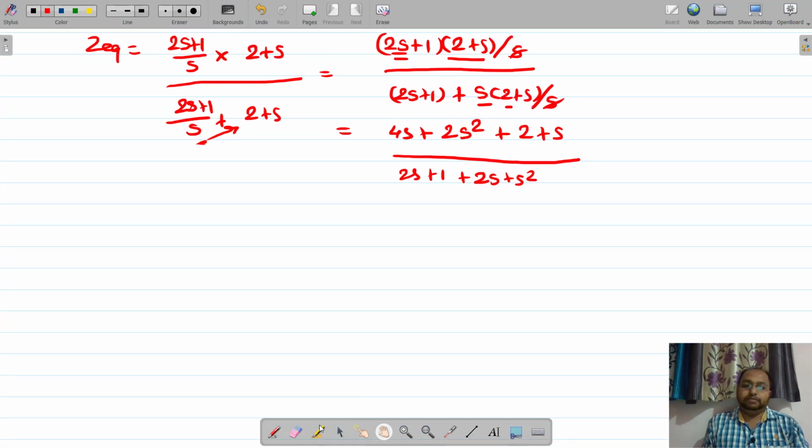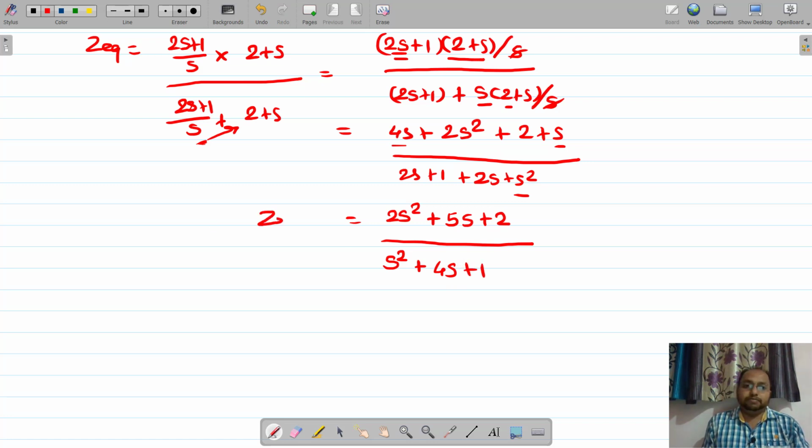Finally this is 2S square plus 4S plus S, which becomes 5S plus 2, divided by S square plus, no, it is 4S not 5S, so this becomes 4S plus 1. So this is your Z equivalent, right?